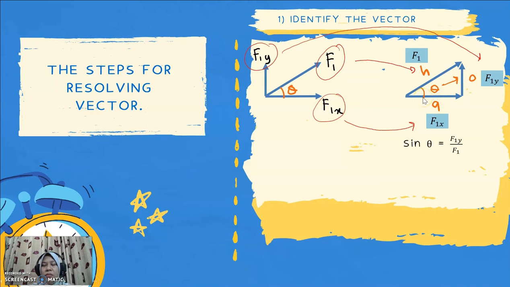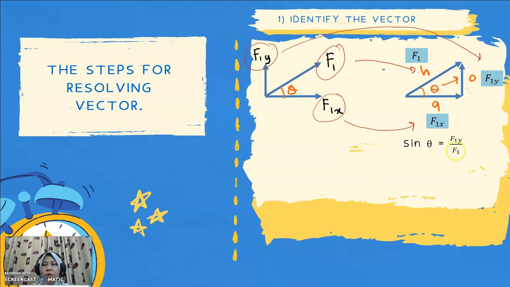So we can find sine theta. Sine theta equals opposite over hypotenuse, which is F1y over F1.